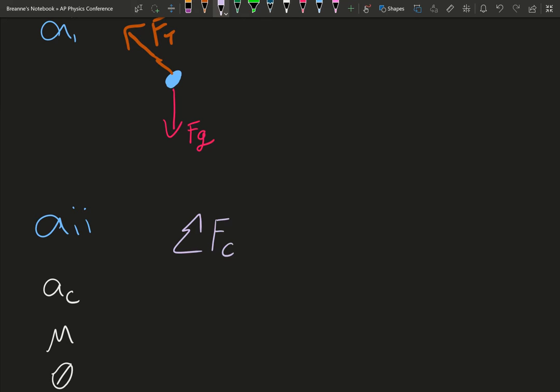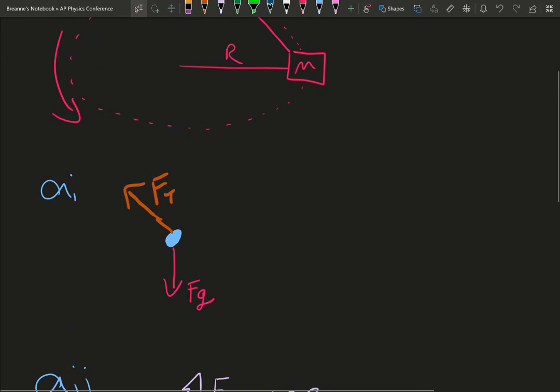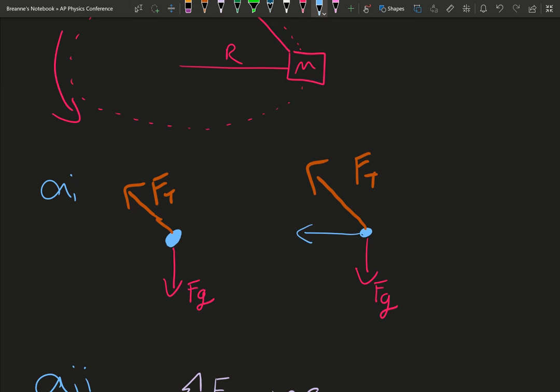So let's start with our centripetal force equals mass times a_c. What would be our centripetal force? Well, if we go over here and look at our free body diagram, gravity points down, our force of tension points up and to the left, so that means we can turn this into x and y components.